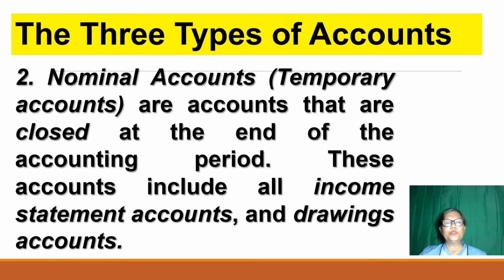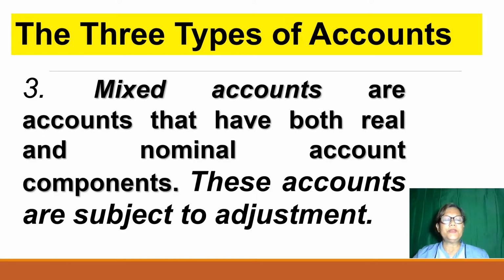Number two, nominal accounts or temporary accounts. They are accounts that are closed at the end of the accounting period. These accounts include all income statement accounts and drawing accounts. These accounts are usually closed to the income and expense summary. And number three is mixed accounts.